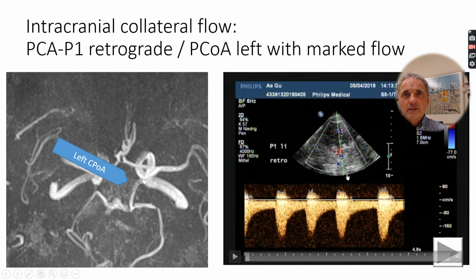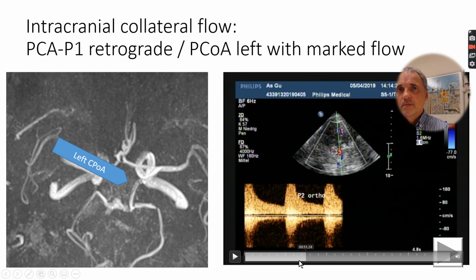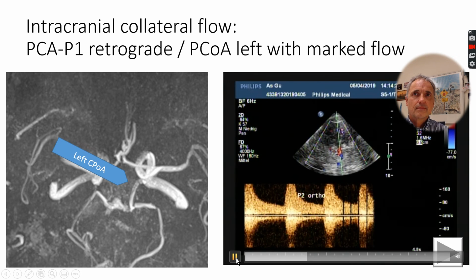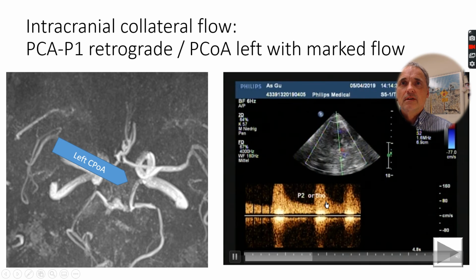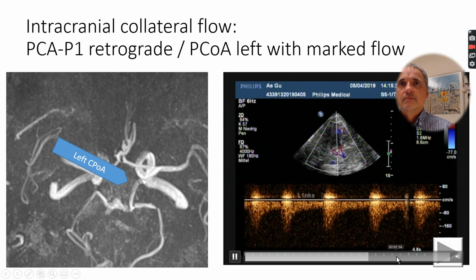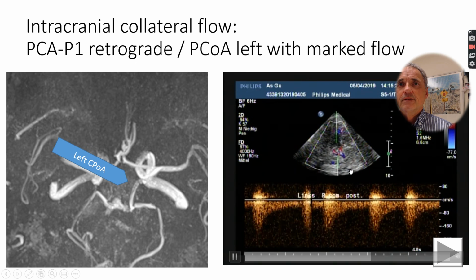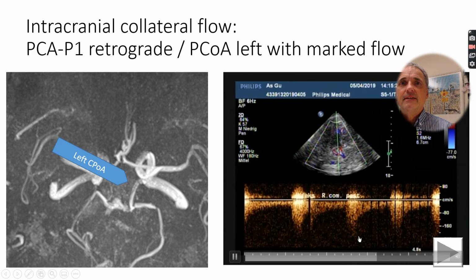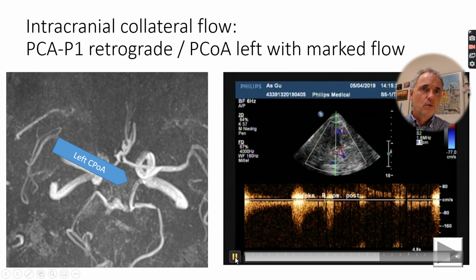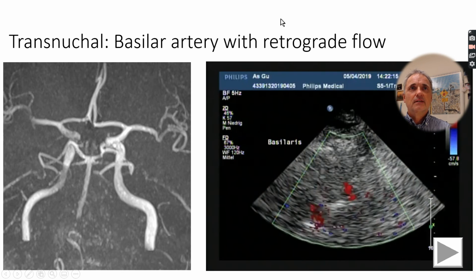We also found a retrograde flow in the P1 segment on the left side with a pattern with a high systolic flow. The P2 segment then is antegrade with a lower flow. And the posterior communicating artery has also a high flow with about 180 centimeters per second.